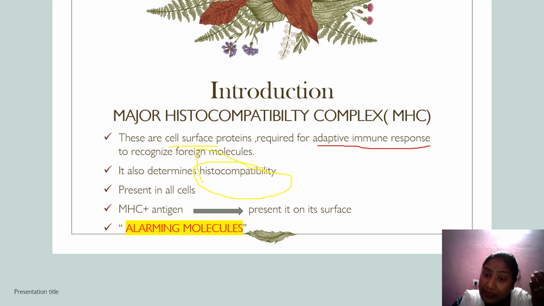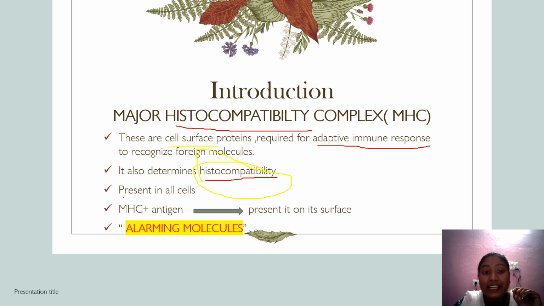The foreign molecules can be bacteria, virus, or any type of pathogens. It also determines histocompatibility. I have already told you what histocompatibility is, and the term has come from this major histocompatibility complex.